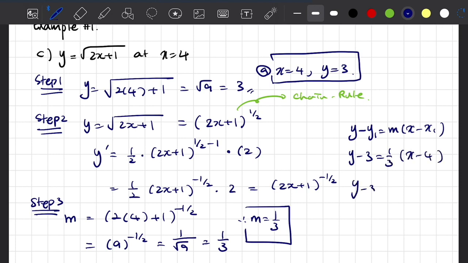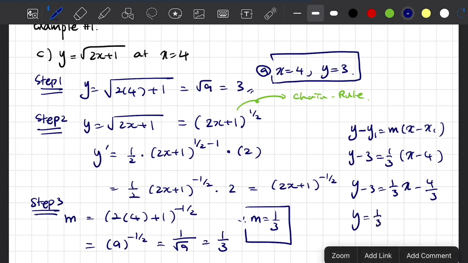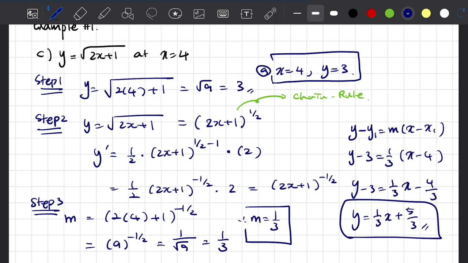Then we get our equation of the tangent as y equals 1/3 x plus 5/3. And we have calculated the equation of the tangent for the function y equals square root of 2x plus 1.